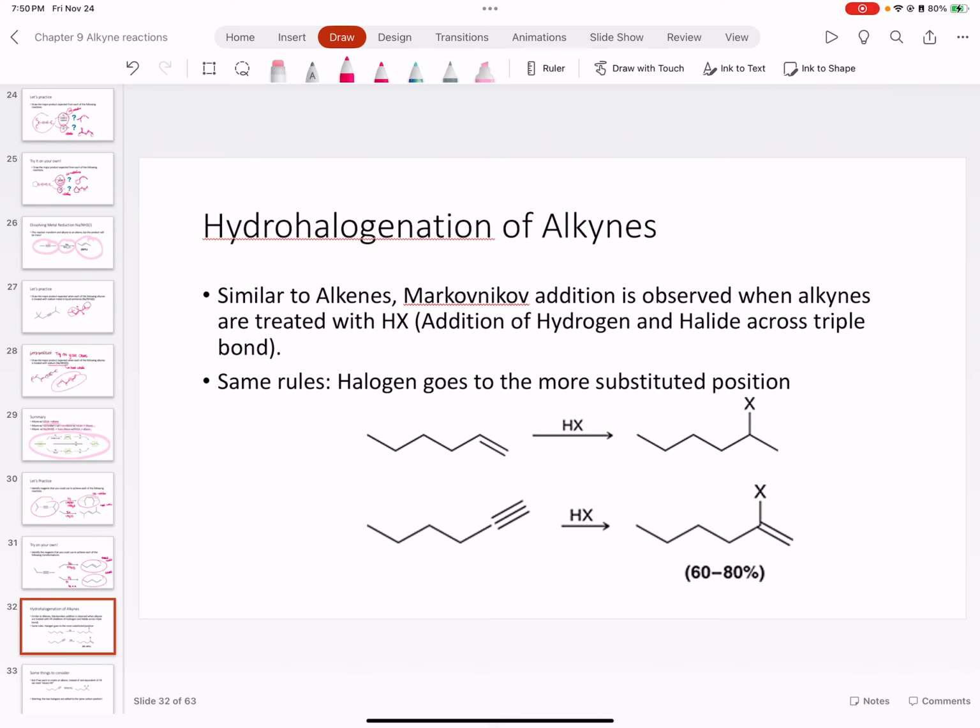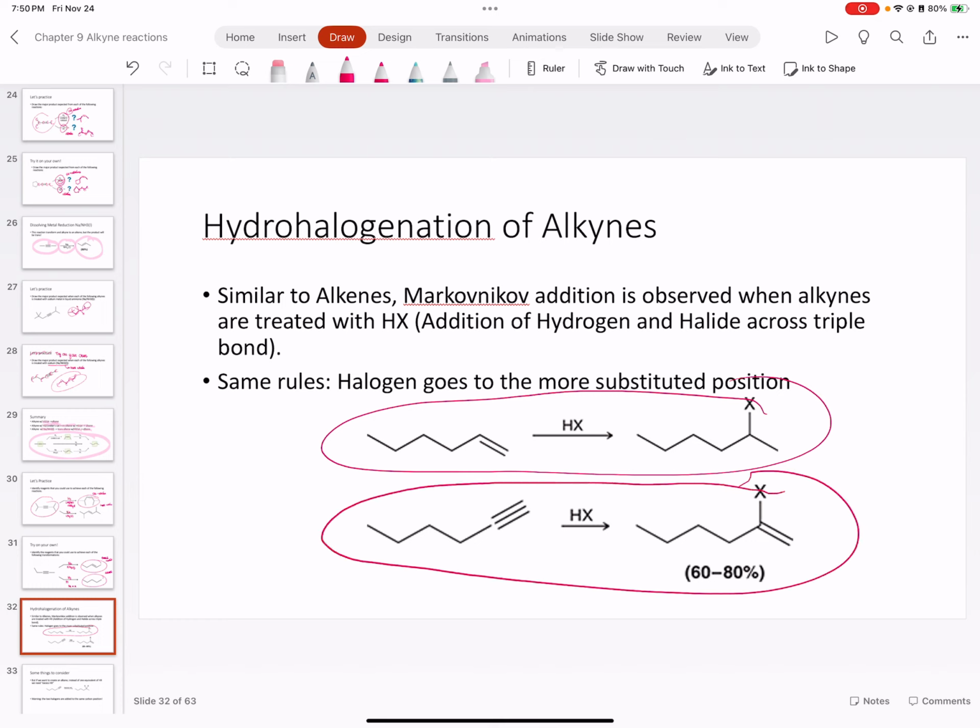I put an example here, just a little reminder of what we did with alkenes. With alkynes, we basically do the same thing. If we get one equivalent, we are adding our halogen on the more substituted side, and adding our hydrogen to the least substituted side.